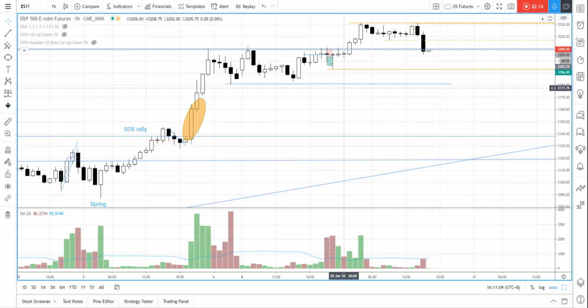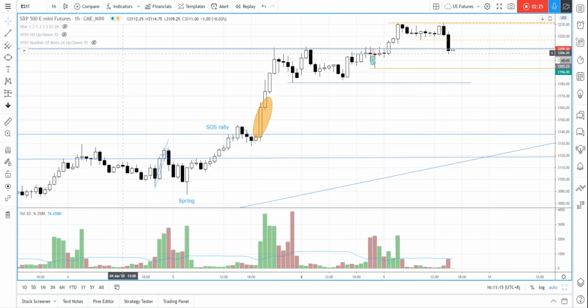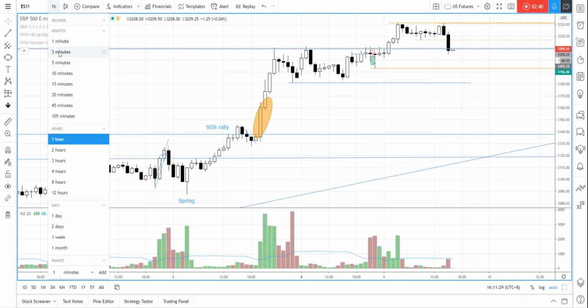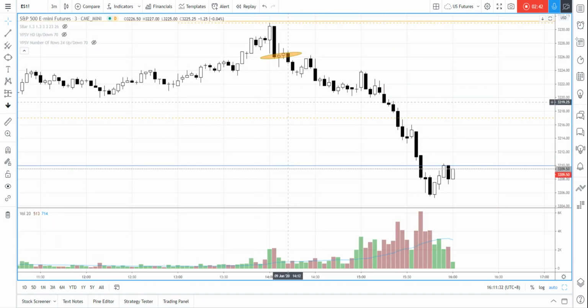That is really a sign of absorption just prior to the breakout at 1 o'clock my time here. So so far we have a range followed by a breakout, and we have a reaction currently during the London session.